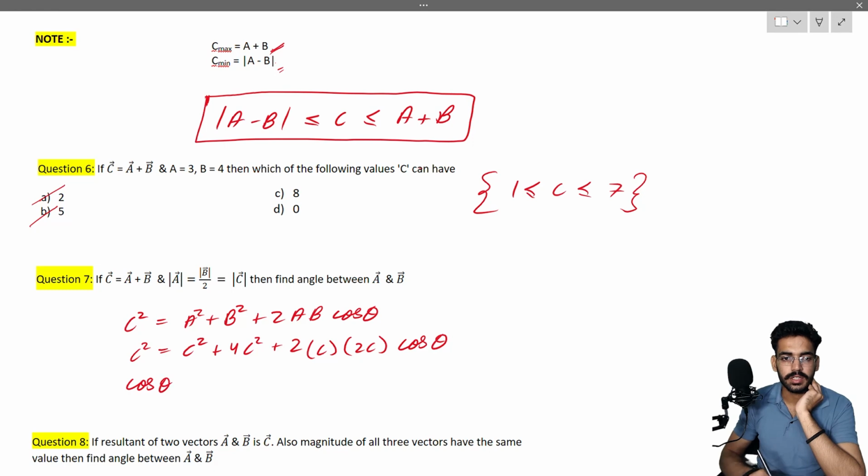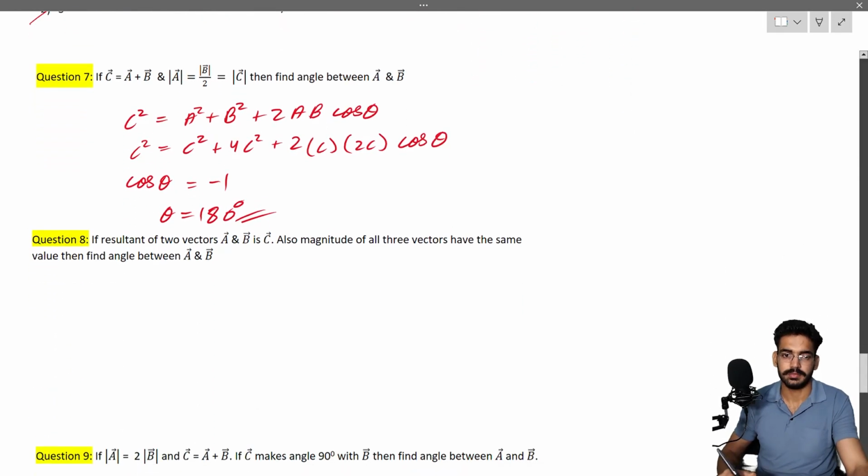Now if you calculate cos theta from here, the 4C square and 4C square cancel, and it's going to come minus 1. So theta equal to 180 degree, I can say directly. Okay, now next question, let's see what it is saying.